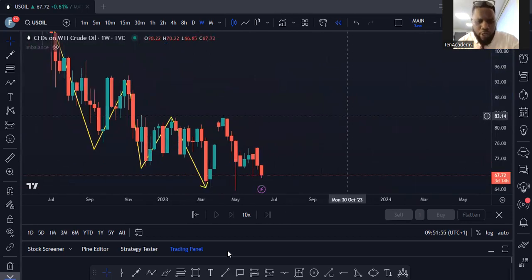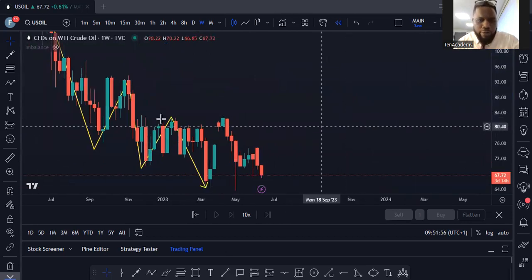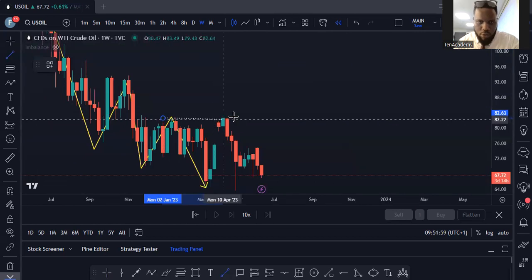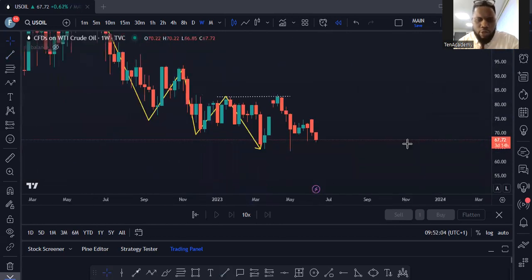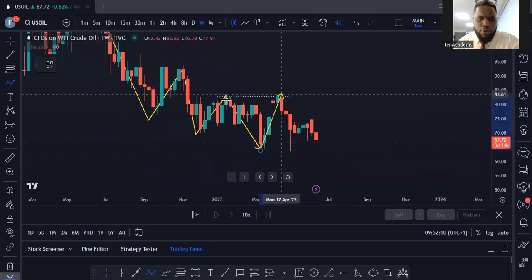And what did the price do over here? You can see a bit of momentum change, like so. Price broke this lower high. That's a classic change of character.